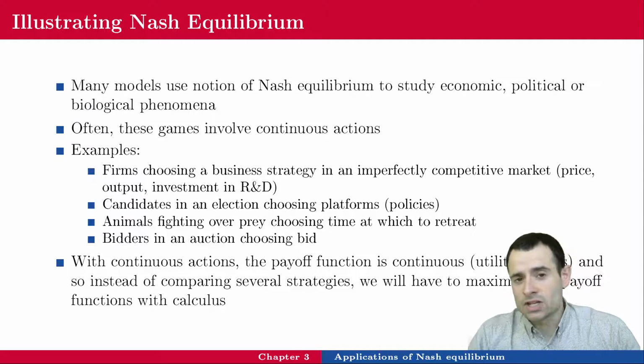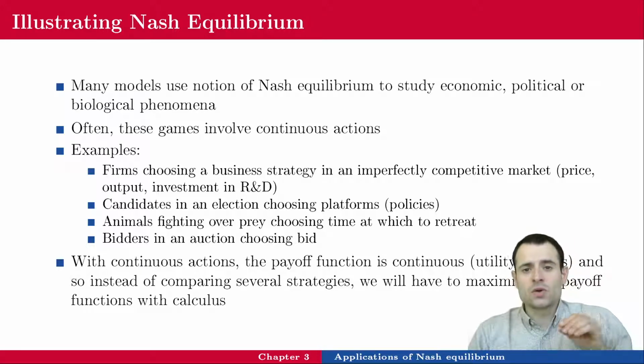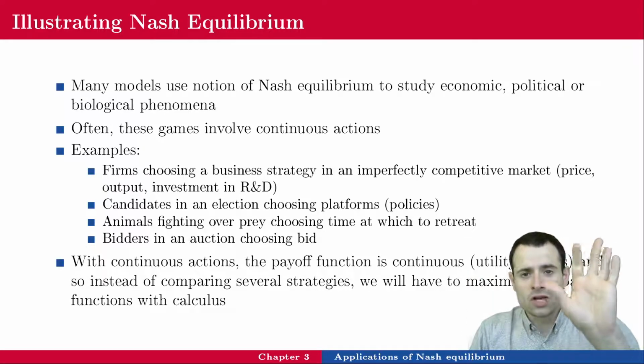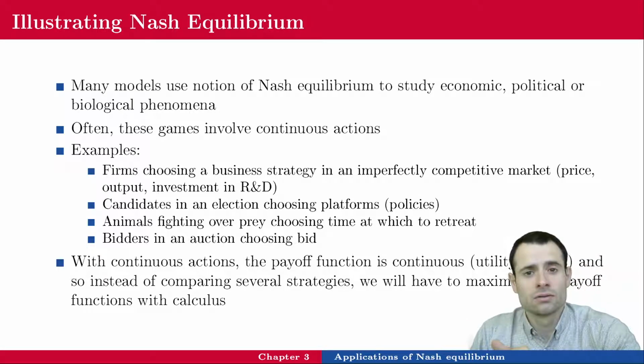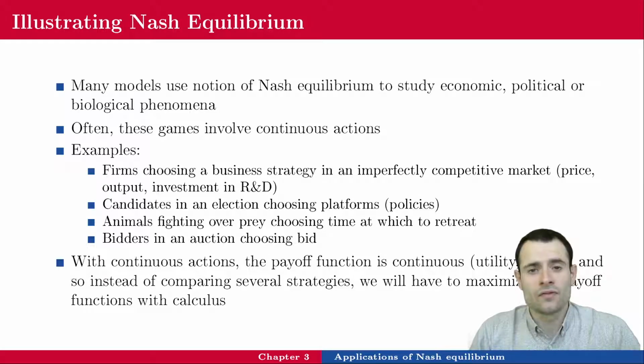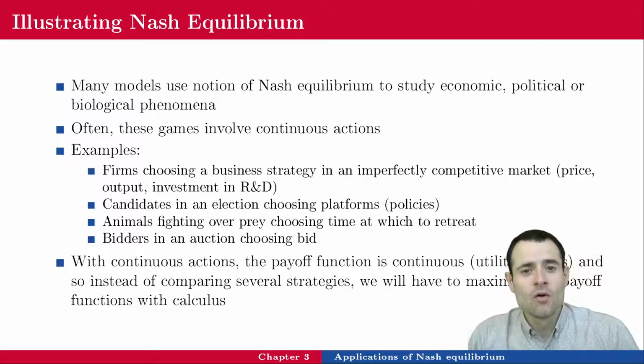When we have continuous actions, the payoffs are not discrete. There's going to be a payoff for each quantity or each price. So it's going to be a continuous function. If you think about a consumer, it is going to be a utility function. If you think about a firm, it's going to be a profit function. Now, you already know what to do with a utility function and a profit function.